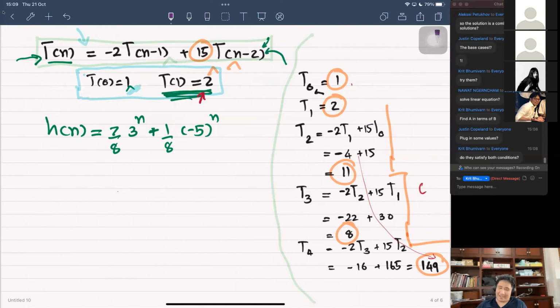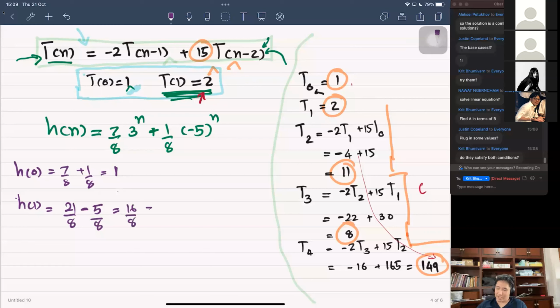Let's see. h of 0 is 7/8 plus 1/8. That's clear, it's 8/8, which is 1. h of 1 is going to be 21/8 minus 5/8, which comes out to 16/8, which is 2.